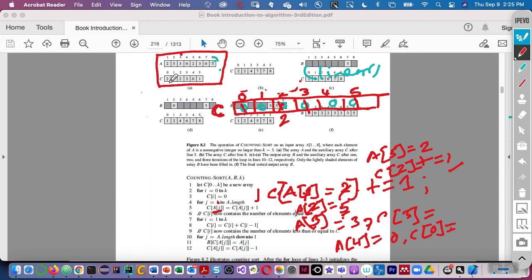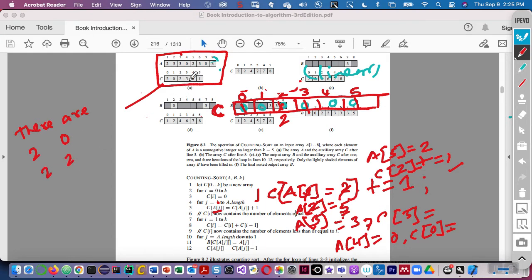You can see that in the final array there are 2 zeros. How do we interpret this? There are 2 zeros. There is no 1 over here. 2 twos.